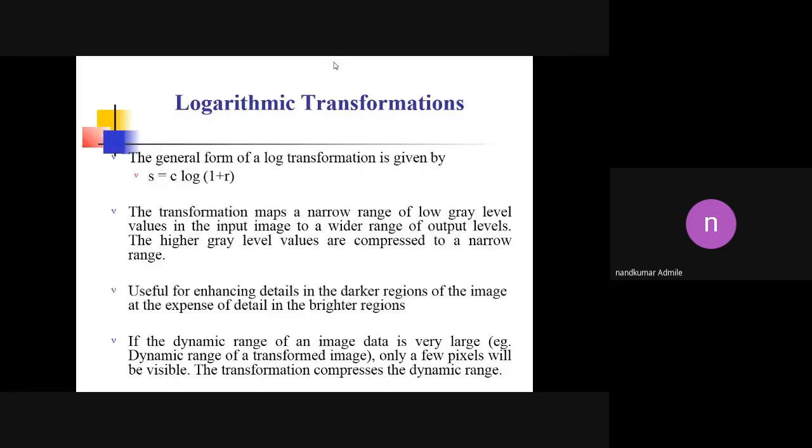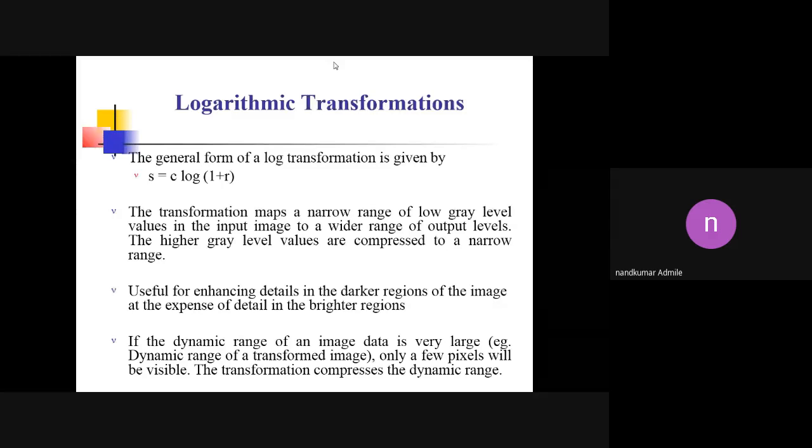So objects which have a long distance or a wider range, that wider range we can represent on a small plane. If we capture the image of a galaxy, the galaxy is at a long distance from us, but we can still represent that galaxy on a simple plane.